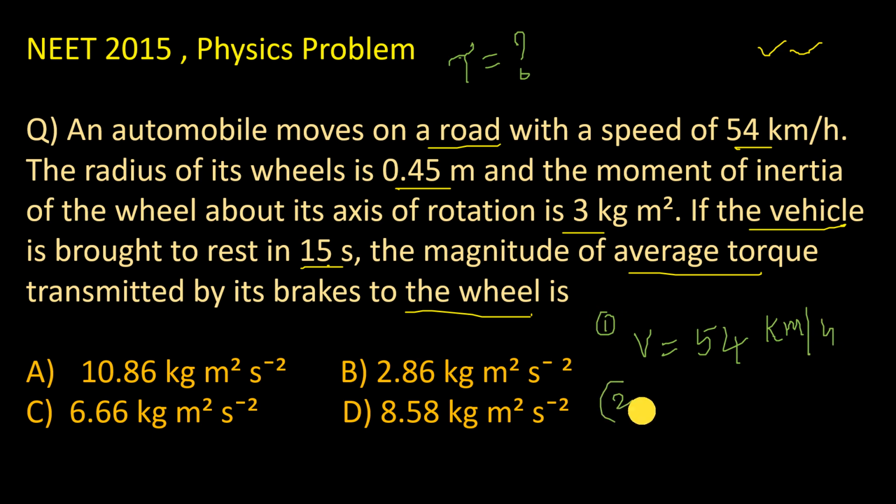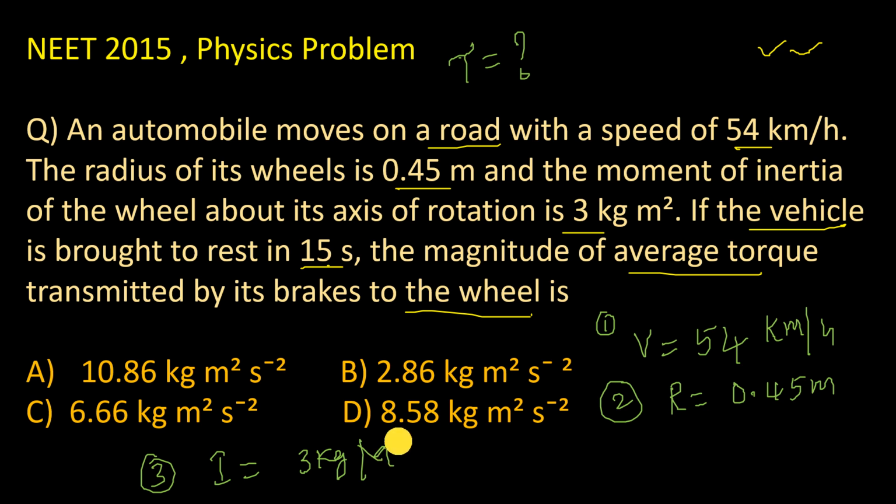And the second one is moment of inertia and radius also given. Radius r equal to 0.45 meter. And the third point, what is the moment of inertia? I equal to 3 kg meter square.